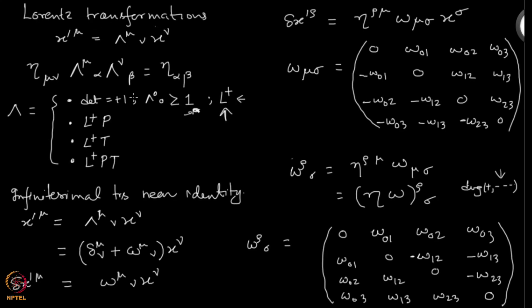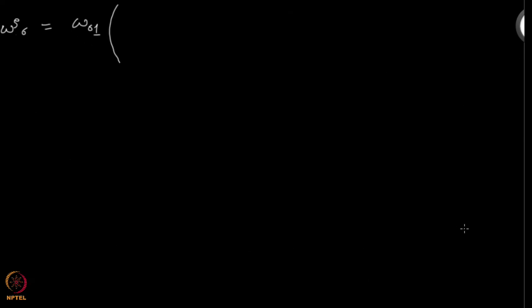I am writing it as a sum of 6 matrices. So omega 0 1 you can factor out, leaving a 1 here and a 1 here, and all others 0. Then add omega 0 2 with everything else 0. So it will be the following: 0 1 0 0, 1 0 0 0, and the remaining are all zeros.